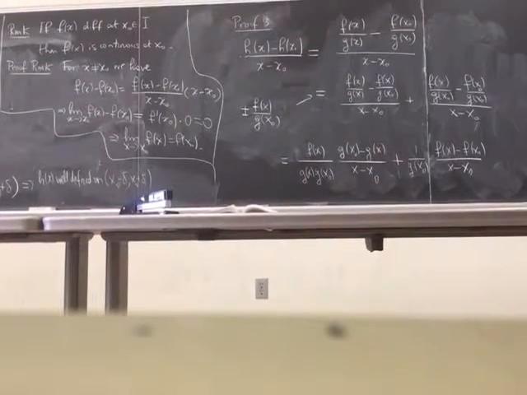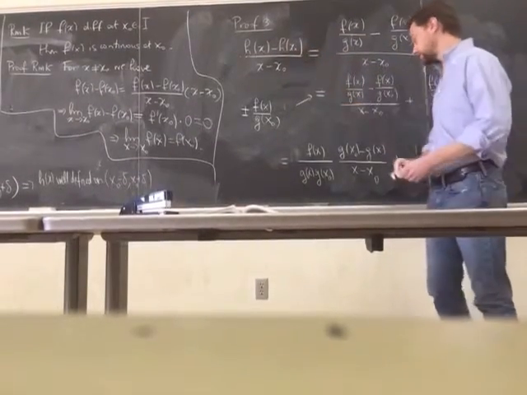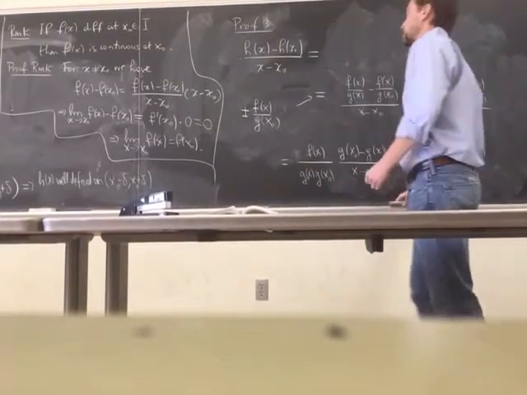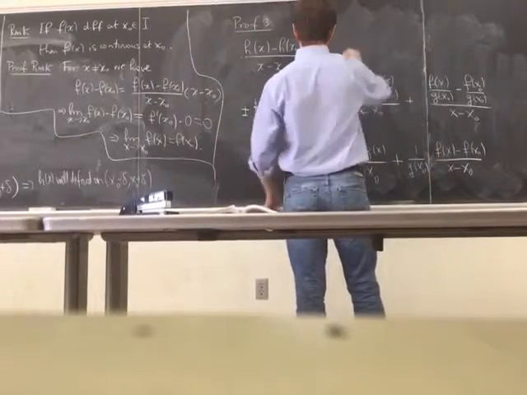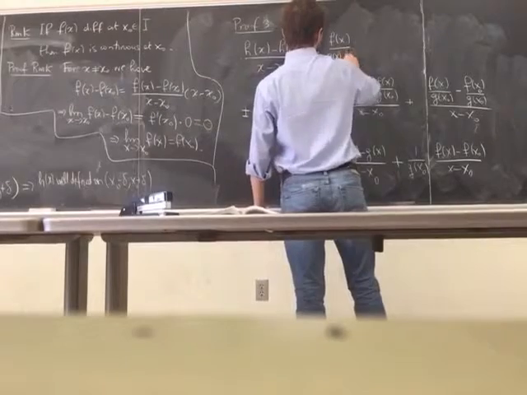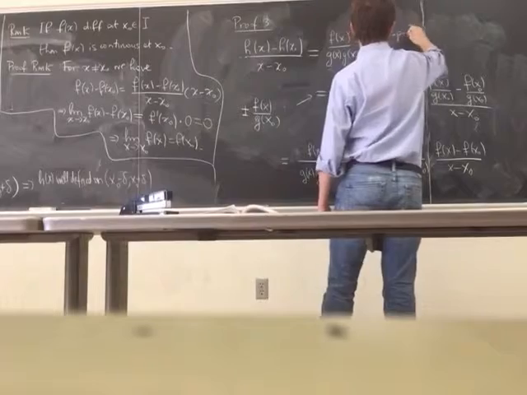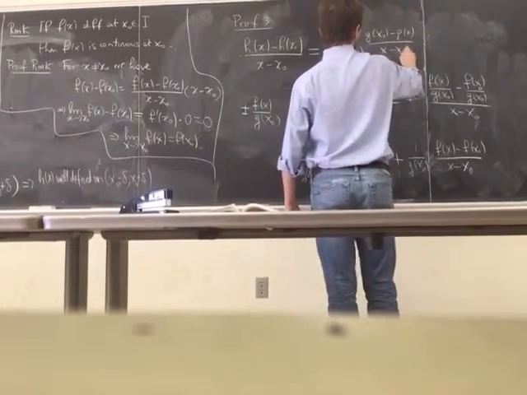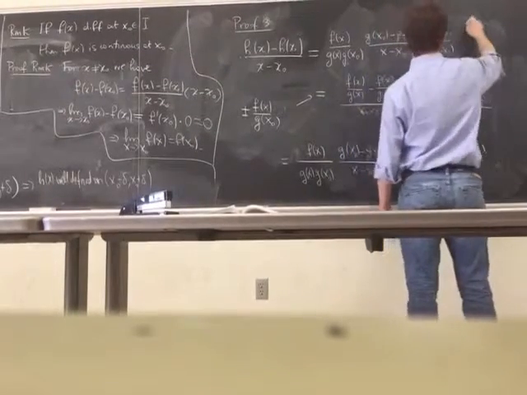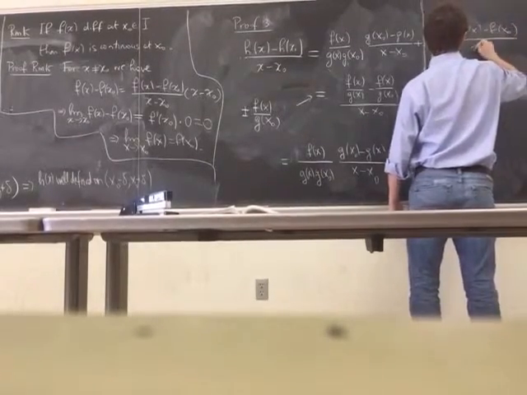Okay, so what do we have here now? We know that the question makes sense, and we have written the incremental ratio. By the chain of algebraic identities, we have checked that this incremental ratio, let me copy it up here, is f of x over g of x times g of x naught, times g of x naught minus g of x over x minus x naught, plus 1 over g of x naught, times f of x minus f of x naught divided by x minus x naught.